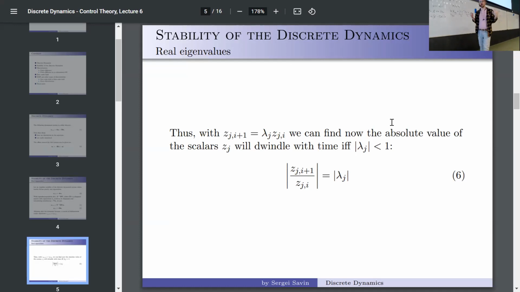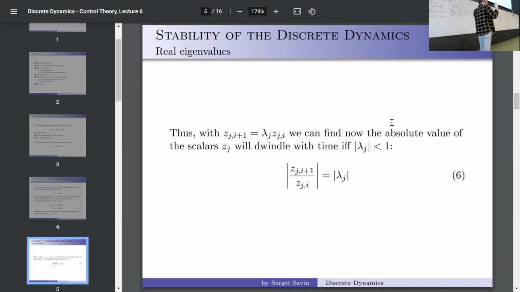Well, if this ratio is bigger than 1, then each subsequent z is bigger than the previous one. Does it make sense? If it is smaller than 1, then each subsequent z is smaller than the previous one. Remember that Lyapunov stability is all about convergence.